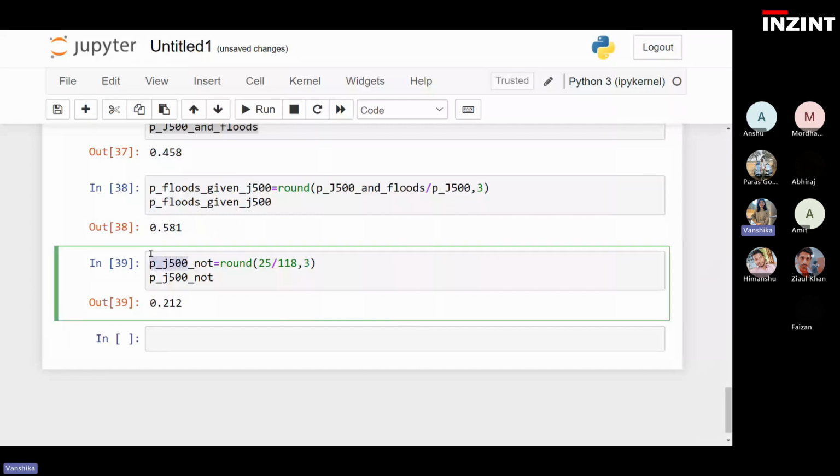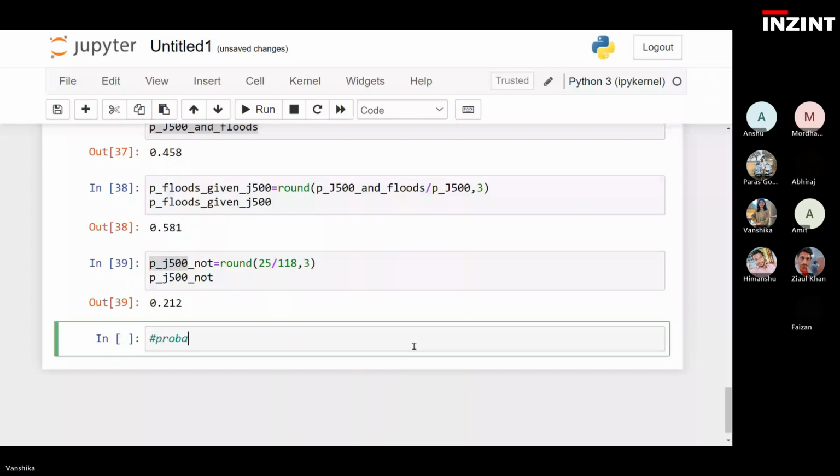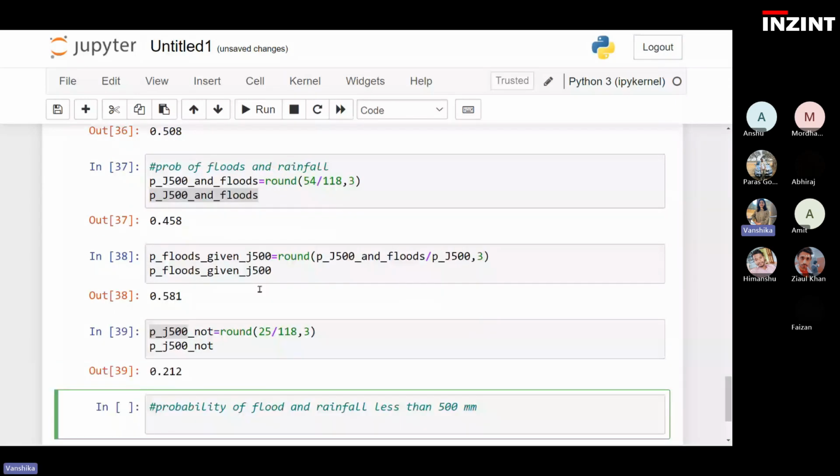Okay. The next task is to calculate the probability of flooding given that it rained less than 500 millimeters. So what you have to do? Probability of flood and rainfall less than 500 millimeters. Let's go back.